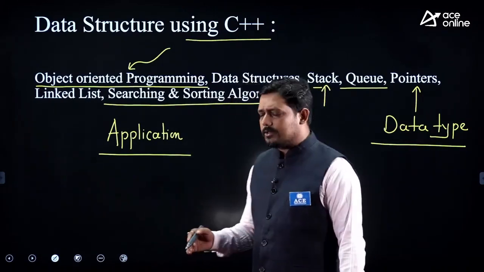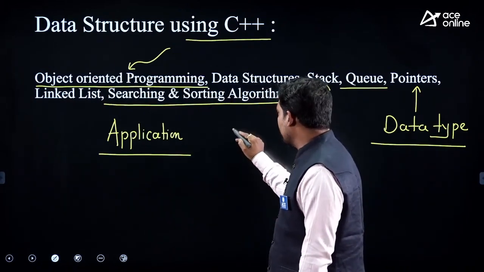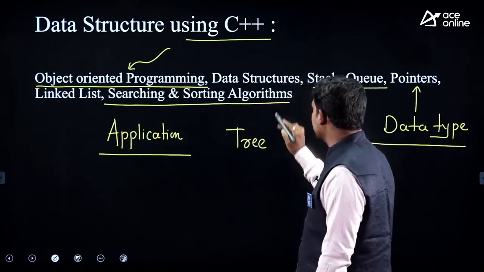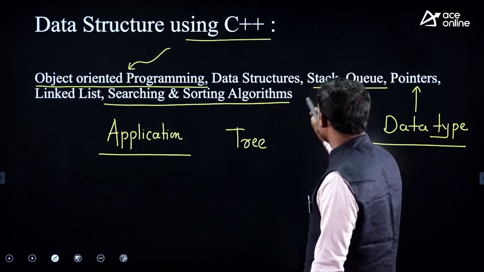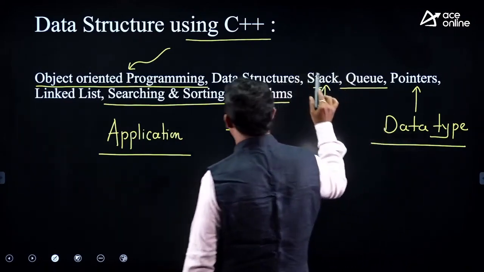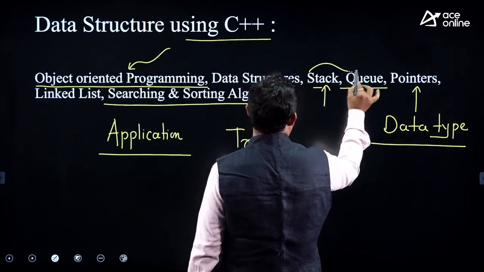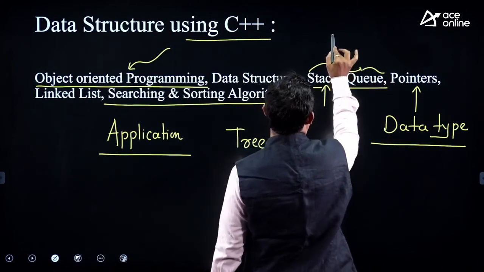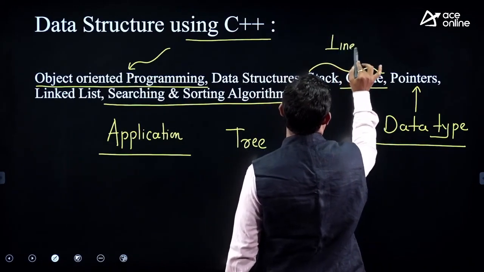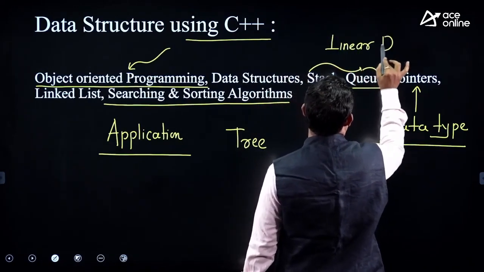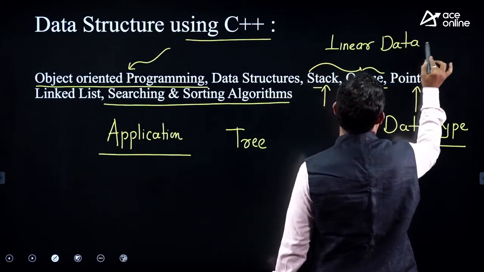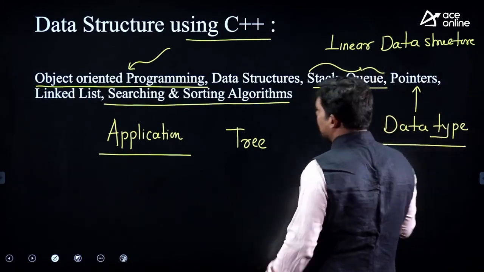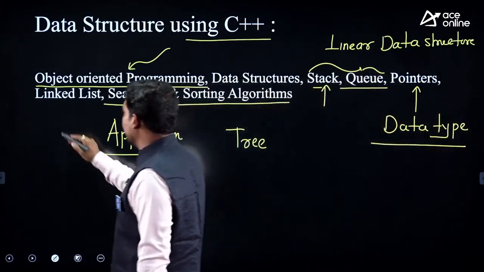Still the notification is not out, so I tried to cover one extra topic here, that is tree. So stack, queue, and linked list are linear data structures, and there is also non-linear. Linked list is also a linear data structure.